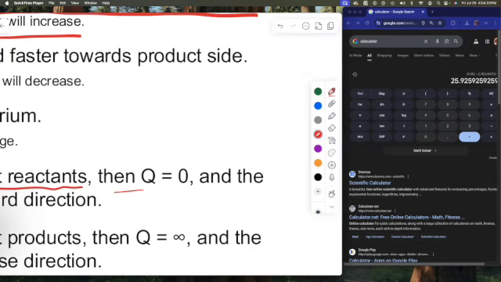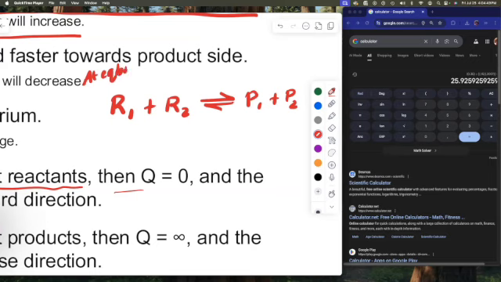At equilibrium, if we have two reactants, the first one and the second one, to give us products, first one and the second one, then we know that if we're at equilibrium, all reactants and all products have to be present, correct? When you check them out, they all have to be present, and they have to be present in constant amounts.